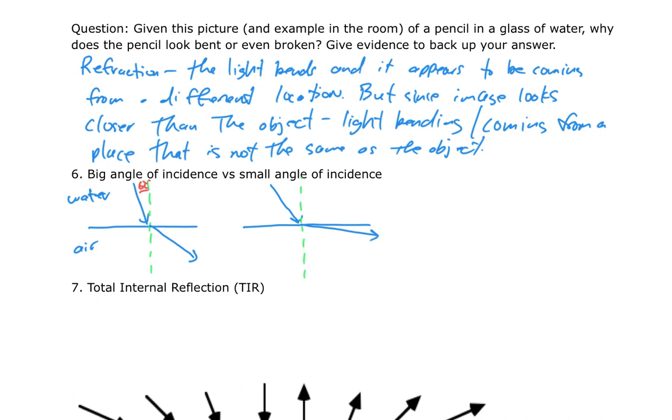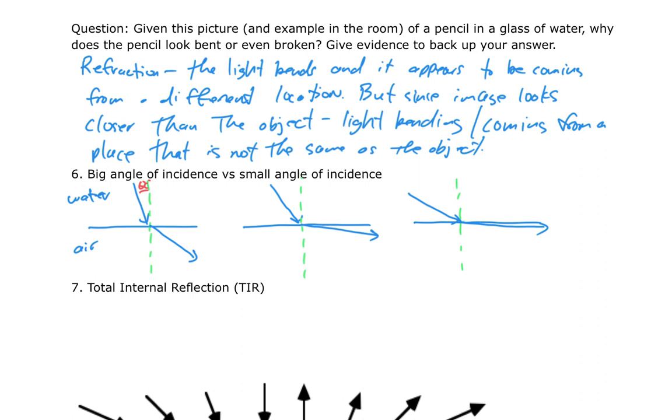But eventually we get to a point where the light comes in at such an angle, and we still have our normal line here, that when it refracts, when it bends, it's basically bending right along the surface. And we give that a name.